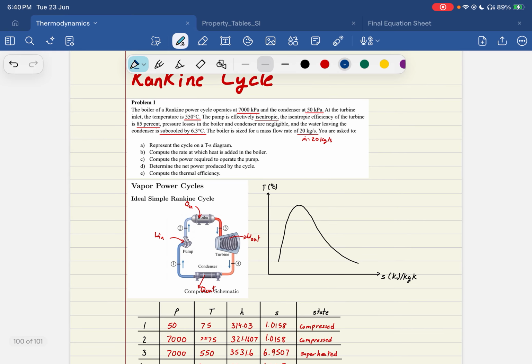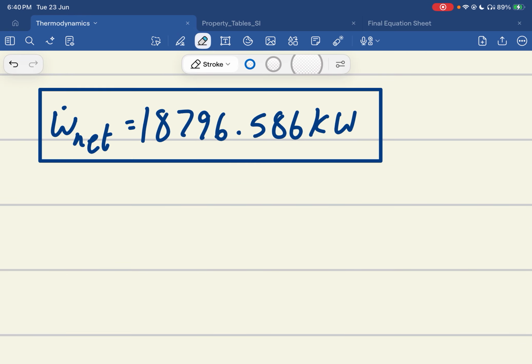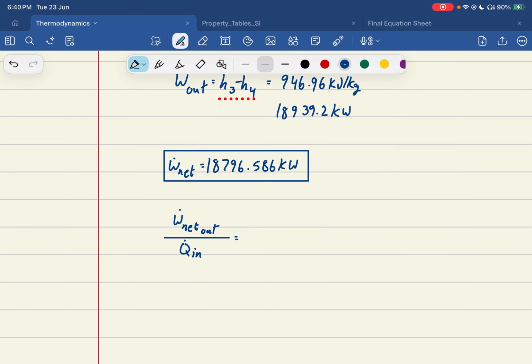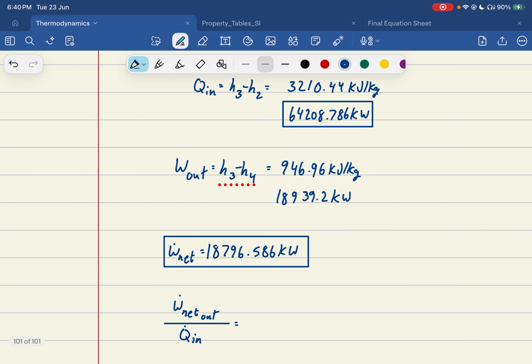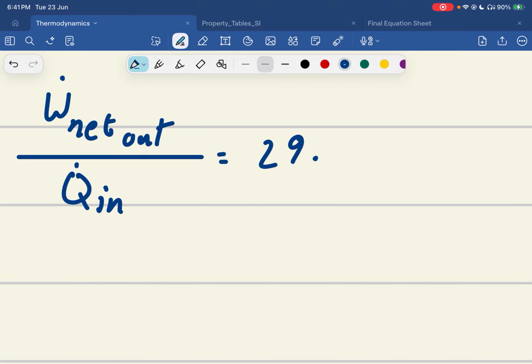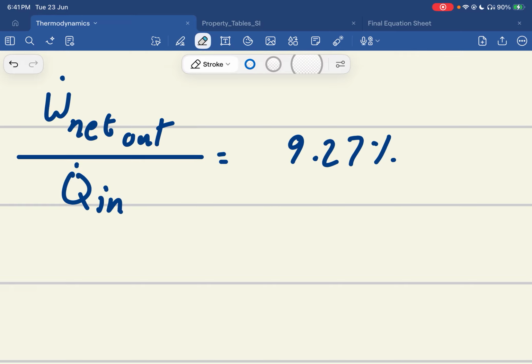And then we want to find the efficiency, which is just W net out over Q in, and that's going to be that divided by 64208.786, which gives 29.27%. Let me check. Yep, that's correct.